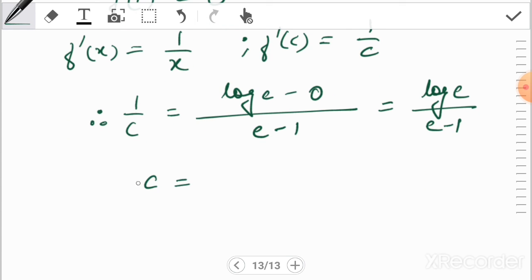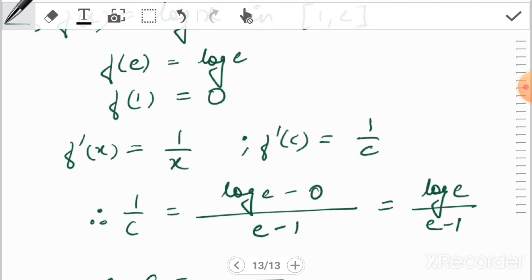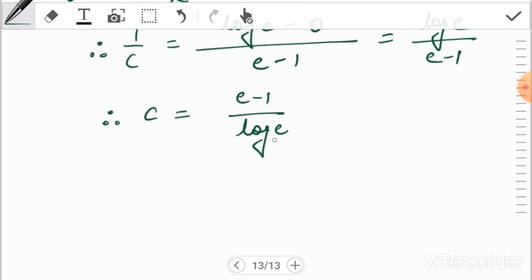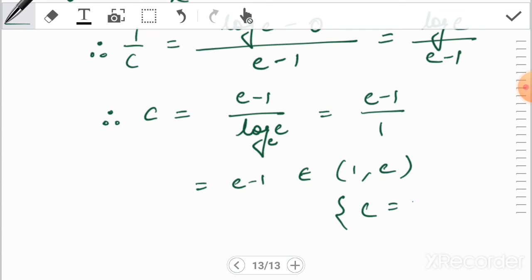So c is equal to (e minus 1) by log e. Since this is base e, log e is 1, so the answer is e minus 1. And obviously this lies in the open interval (1, e), since e is approximately 2.71.